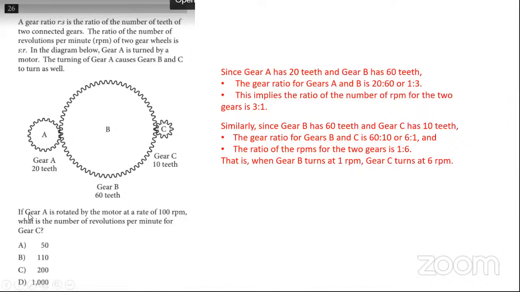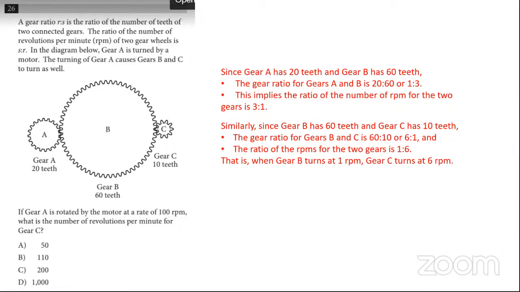Okay. Now, in our question, we are given that gear A is rotated by a motor at a rate of 100 RPM. Right. Then what will be the rate by which gear B will be rotated? If you guys are following, can you say at what RPM will gear B be rotated if gear A is rotated at 100 RPM?